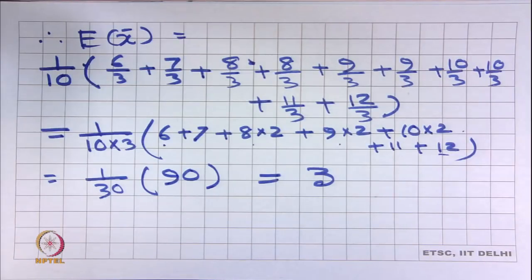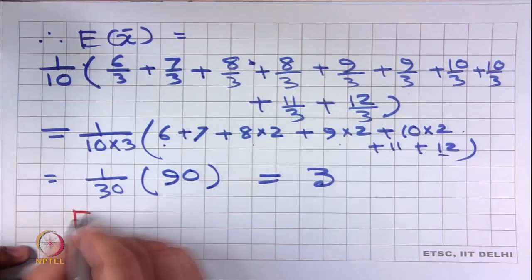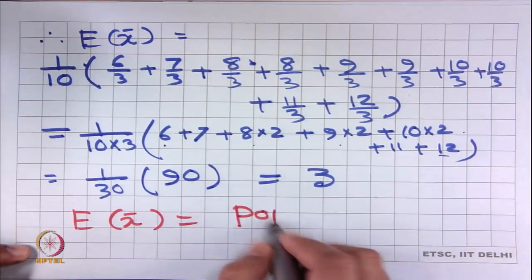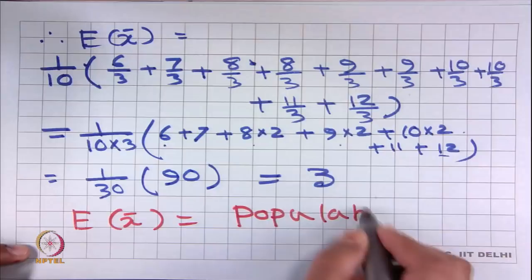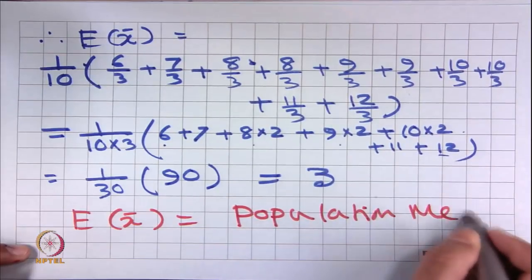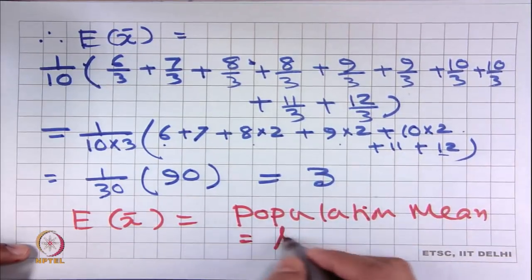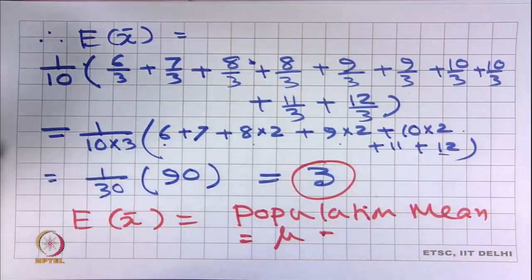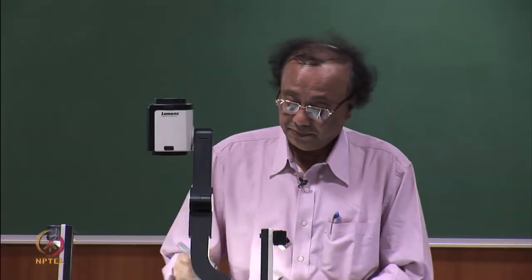Therefore, expected value of x bar is equal to the population mean, which we have already established is going to be mu, and in this case the value is 3. Now, let us calculate the variance of x bar.